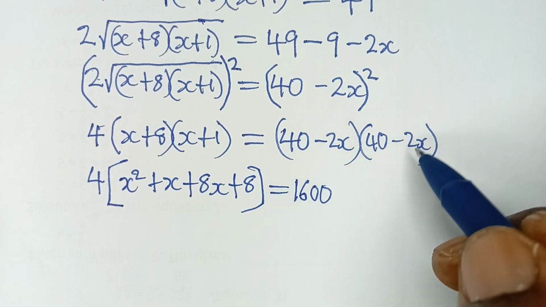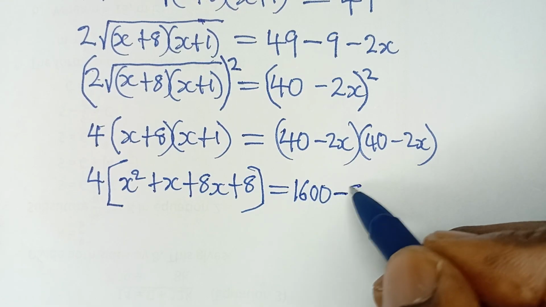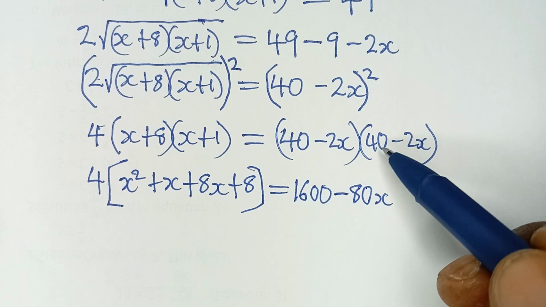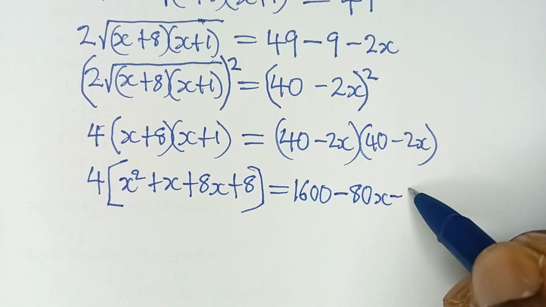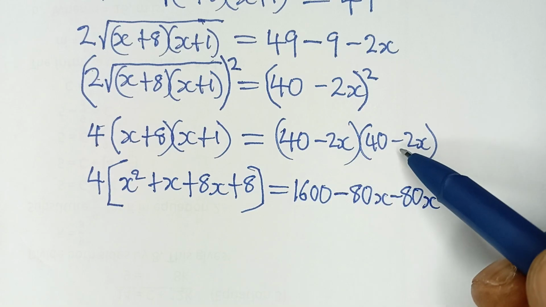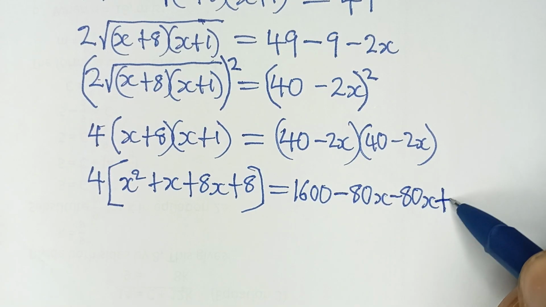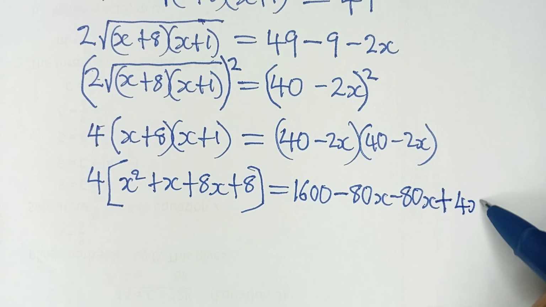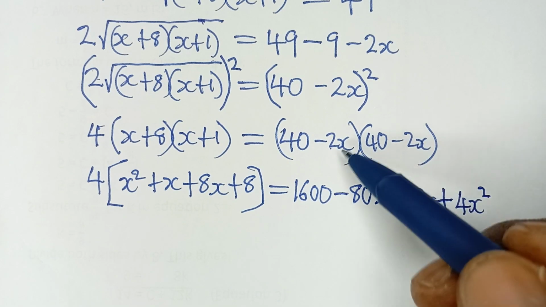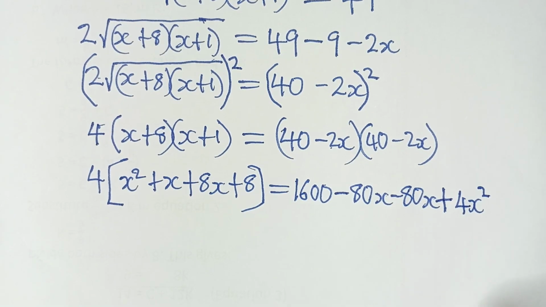Then 40 multiplied by negative 2x will give me negative 80x. And then negative 2x multiplied by 40 will give me negative 80x. And then negative 2x multiplied by negative 2x will give me positive, don't forget, negative multiplied by negative is positive, positive 4x squared. The 2 multiplied by the 2 gives me 4, x multiplied by x is x squared. So that is what I have there.